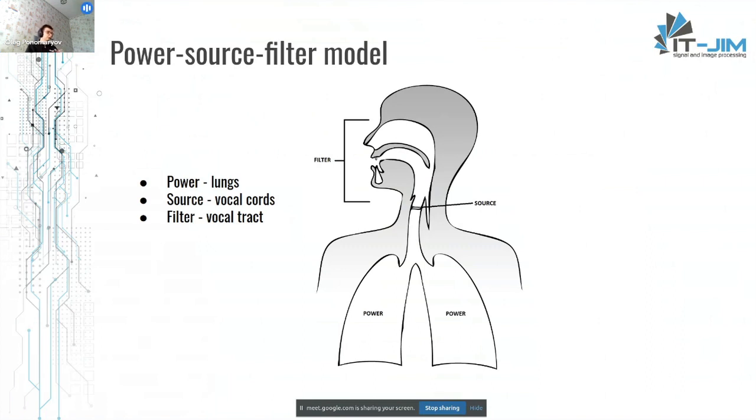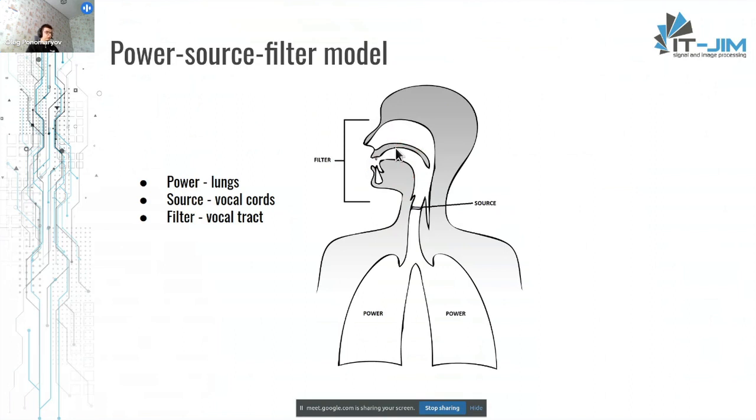Power here stands for lungs, which produce the airflow. Source is our vocal cords that are indeed a source of all vibrations in the speech, and filter is our vocal tract, which is this whole part: the throat, mouth, and the nasal cavity.